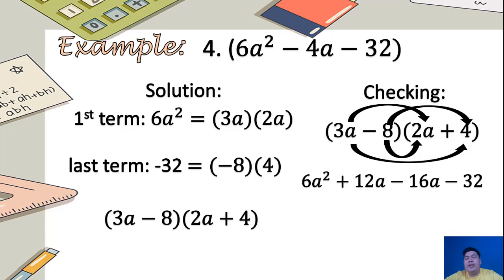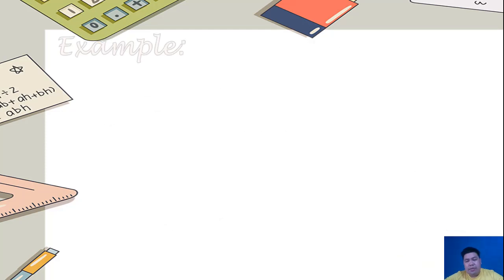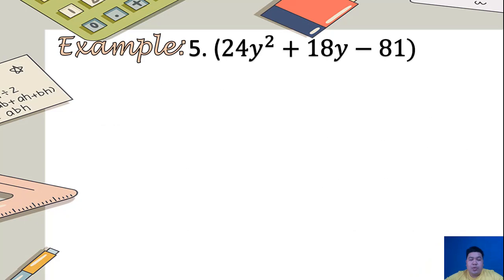We have 12a minus 16a, which is negative 4a. So for the factor of 6a squared minus 4a minus 32, we have the binomials 3a minus 8 and 2a plus 4. Okay?